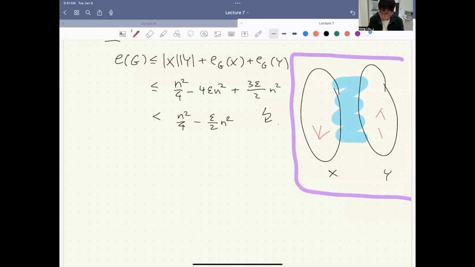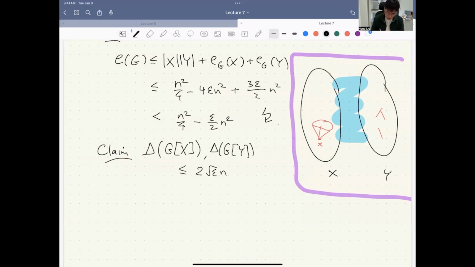So if you have lots of degree here, next claim is that the maximum degree on the inner part is at most 2 square root epsilon n. Proof? If not, that means you have a vertex whose inner degree is quite high. This is bigger than what we claimed.